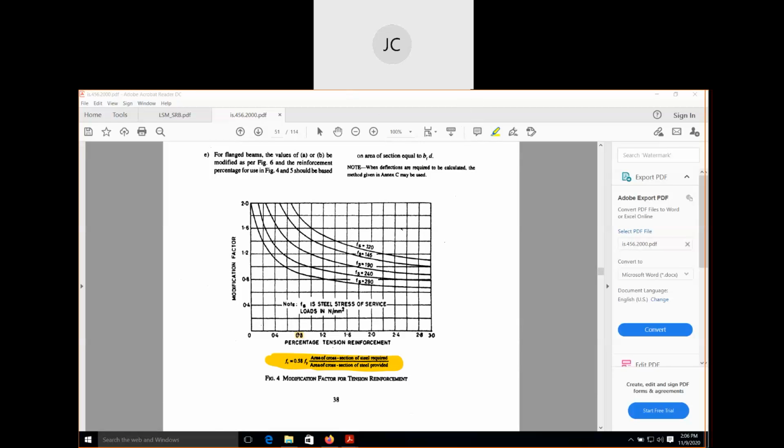So you see this line between 190 and 240. You will get one value somewhere here. The 190 line is this one, the 240 line is this one. So between 190 and 240 we need to find out 212. Fs equal to 212 we need to find out. By interpolation you will get the value somewhere here, around 1.1 or 1.2.